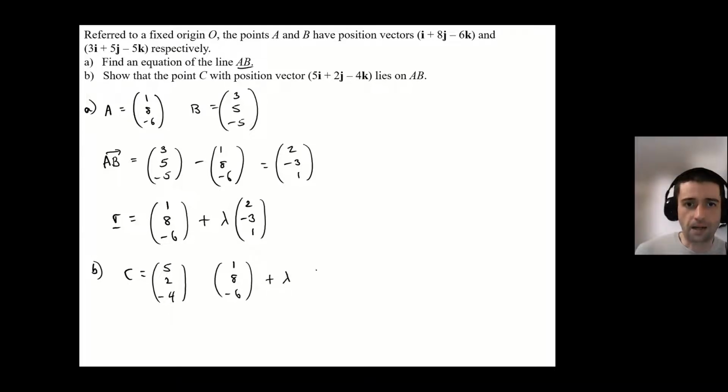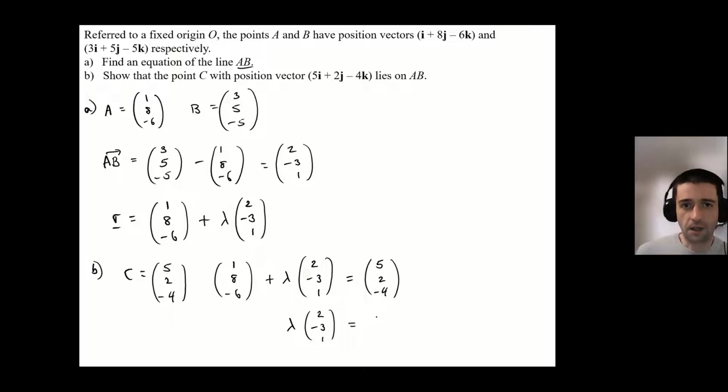So 1, 8, negative 6 plus lambda 2, negative 3, 1 would have to equal that point there, 5, 2, negative 4. Now, I'm going to subtract this position vector, 1, 8, negative 6, from 5, 2, negative 4, and leave the lambda multiplied by the direction vector where it is.